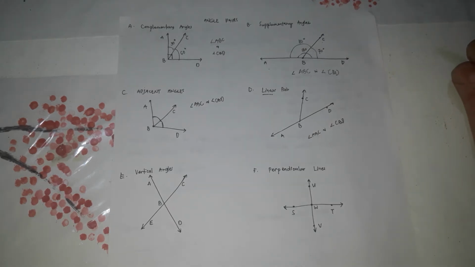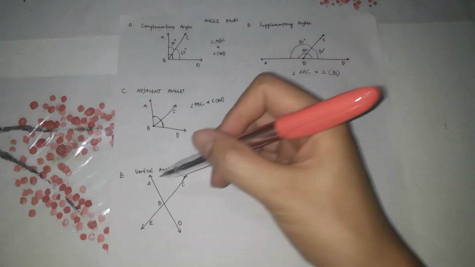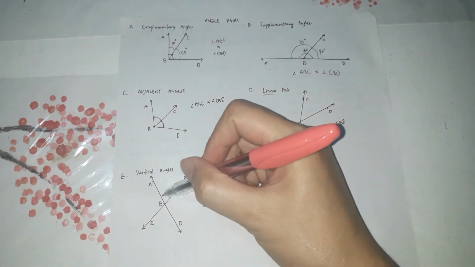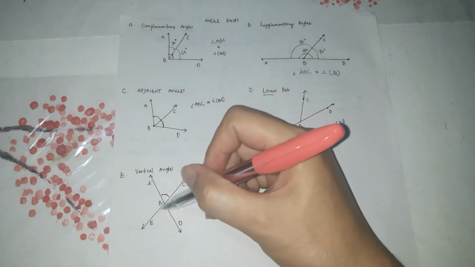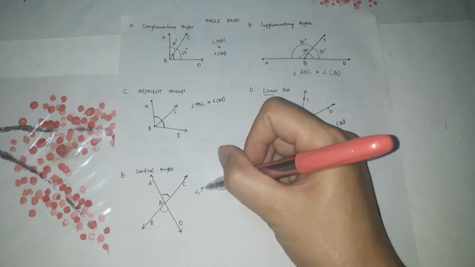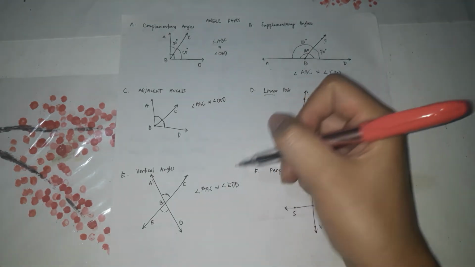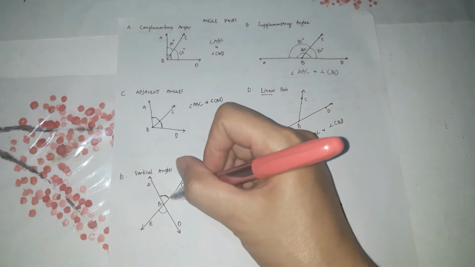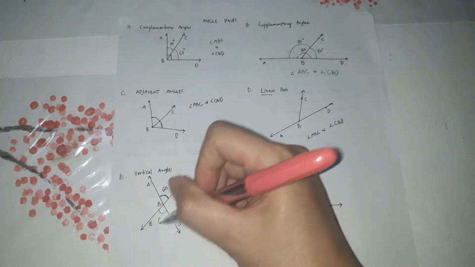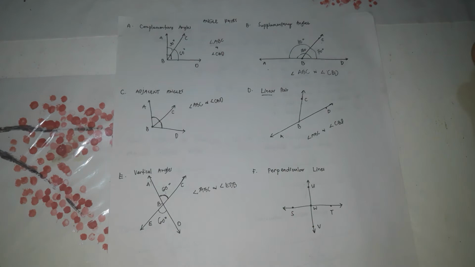So letter E, vertical angles. Vertical angles are angles na magkatalikod. Example, angle ABC and angle EBD are vertical angles. So if this is 60 degrees, this is also 60 degrees. So vertical angles are equal.